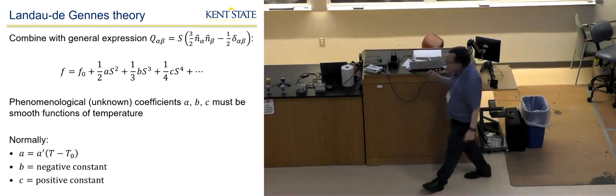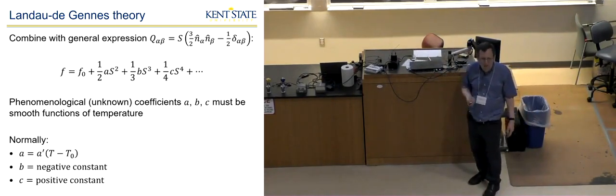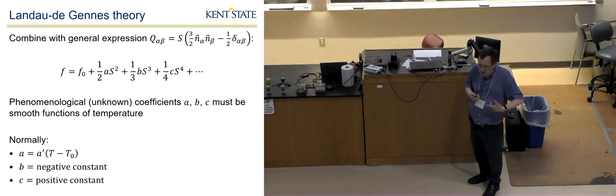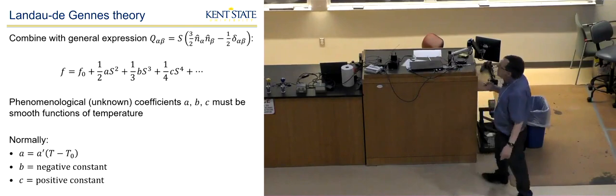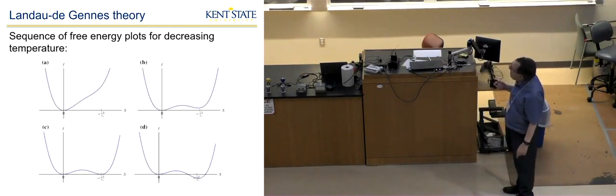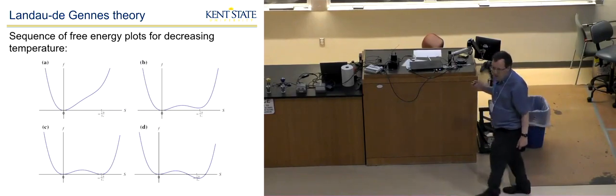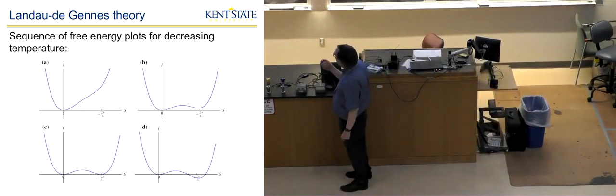So this is, again, very much like what you might have seen in Landau theory for magnetism or superconductivity, except without the cubic term. Now let's make some sample plots of this function. When you're at high temperature, so that A, the quadratic coefficient, is a big positive number, you get a plot that looks like this.